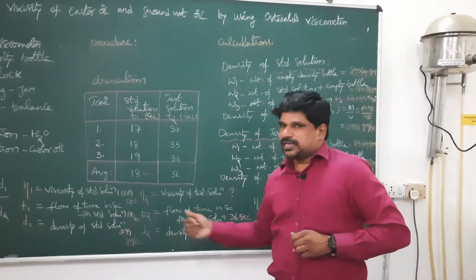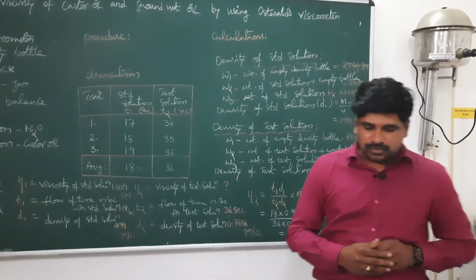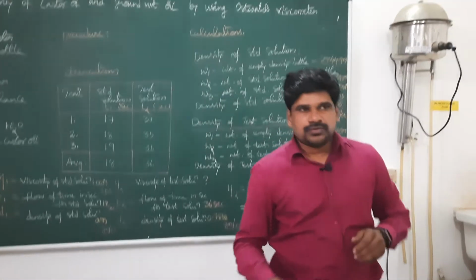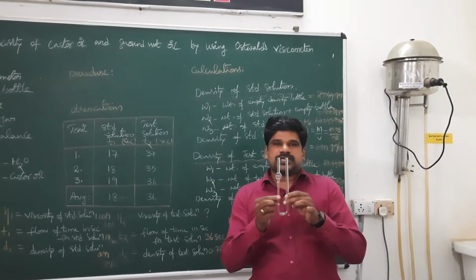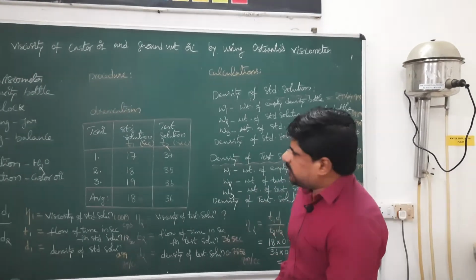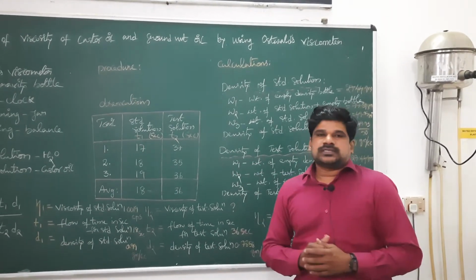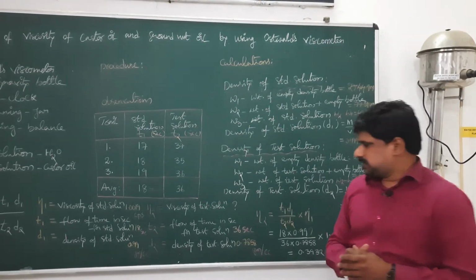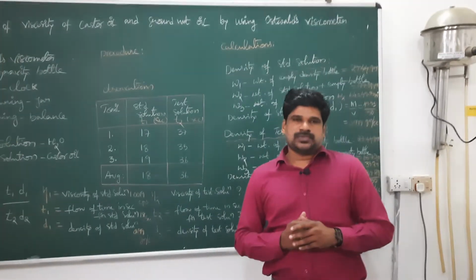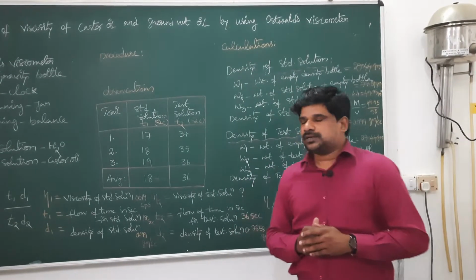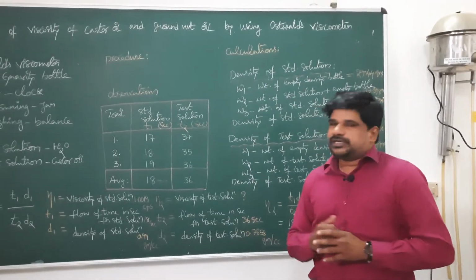T2 is the time taken for the test solution to flow from mark A to mark B in Ostwald's viscometer, in seconds, and D2 is the density of the test solution.